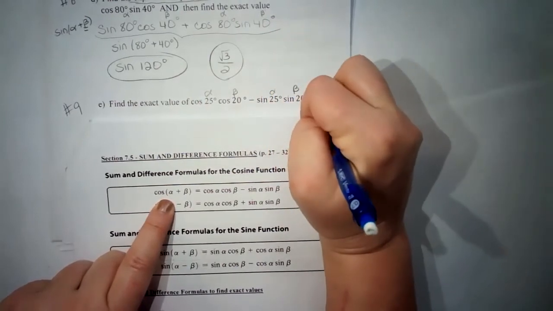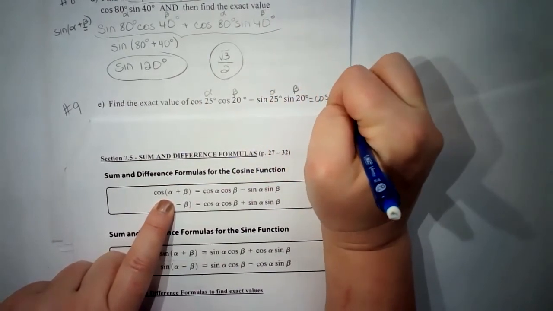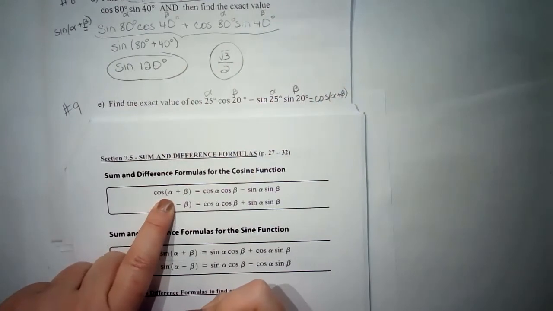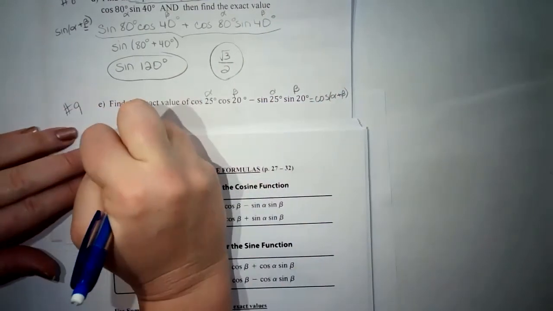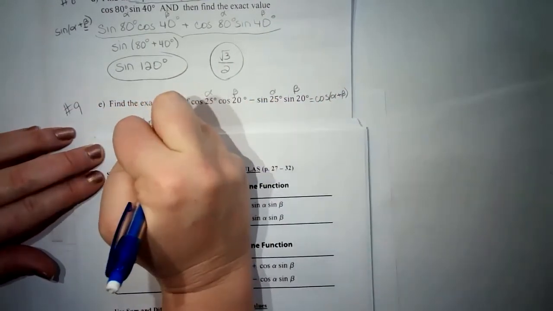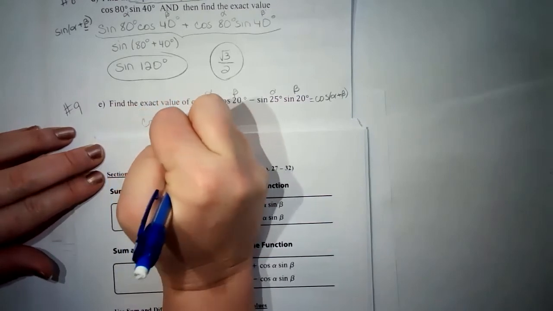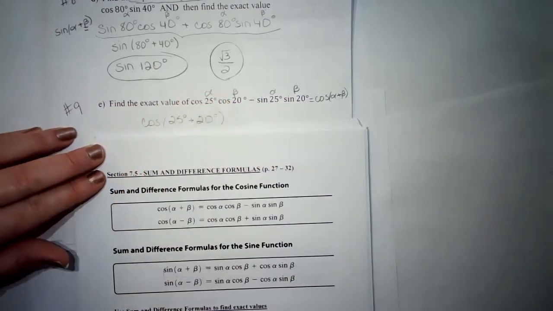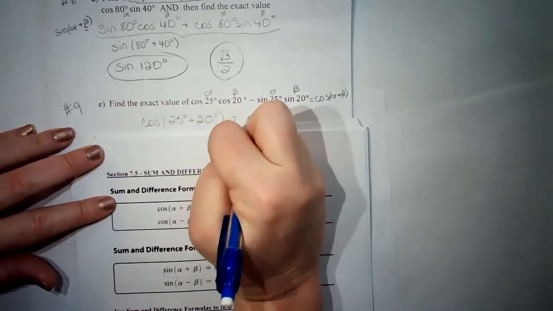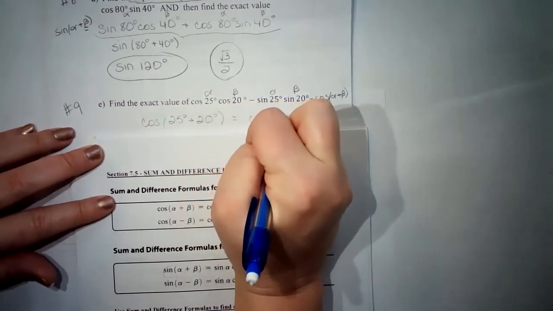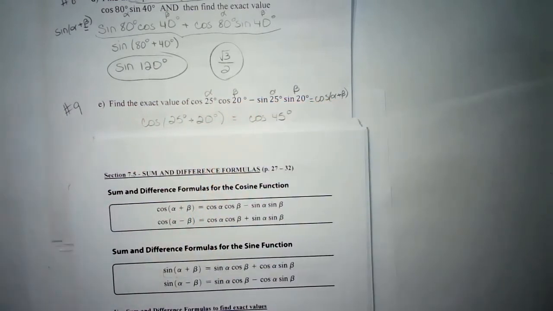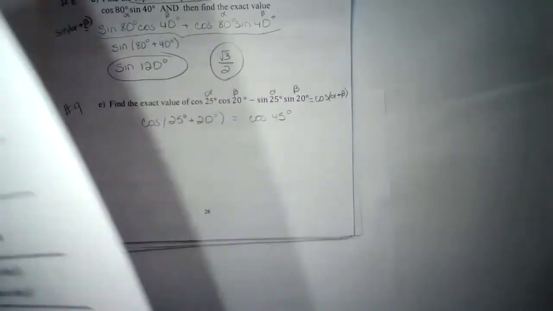Okay, and this is going to be cosine of alpha plus beta. That's the one we're looking for. So if I write that over, it's going to be cosine of 25 plus 20. Okay, that's going to be cosine of 45 degrees. Everybody okay with that?